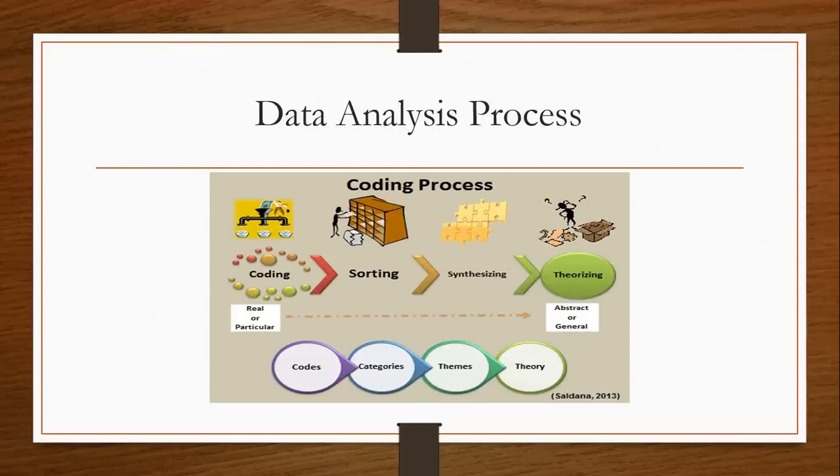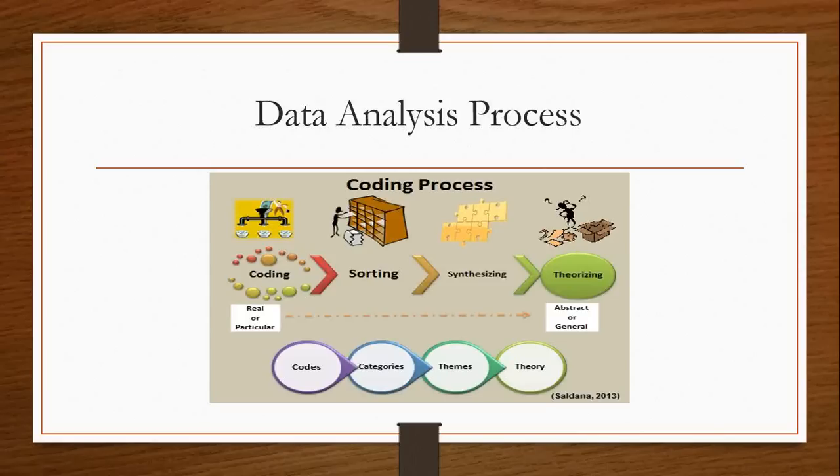And then after you code, you have to sort them. You group them based on maybe similarities or based on underlying concepts that represent a group of codes. So we call it sorting. You sort them, you categorize them, and based on the categories, you can also come up with themes that best represent your data, at the same time helping you to group the codes that you have.